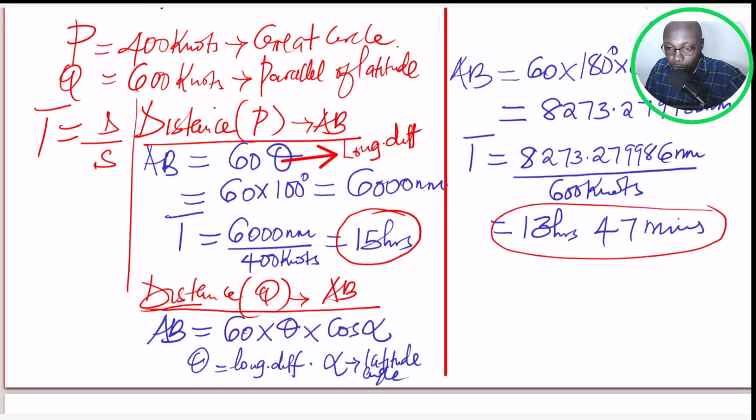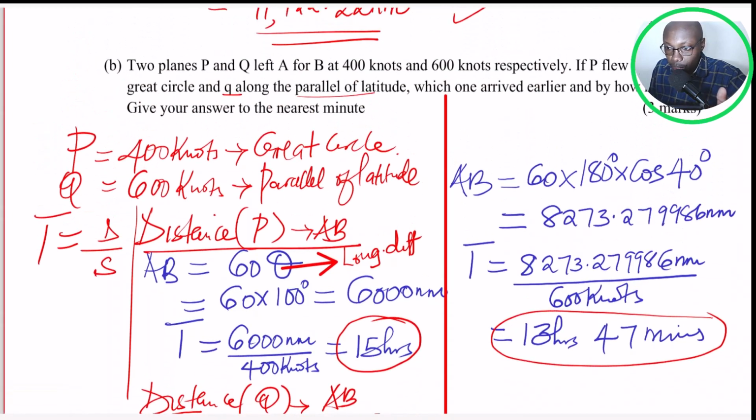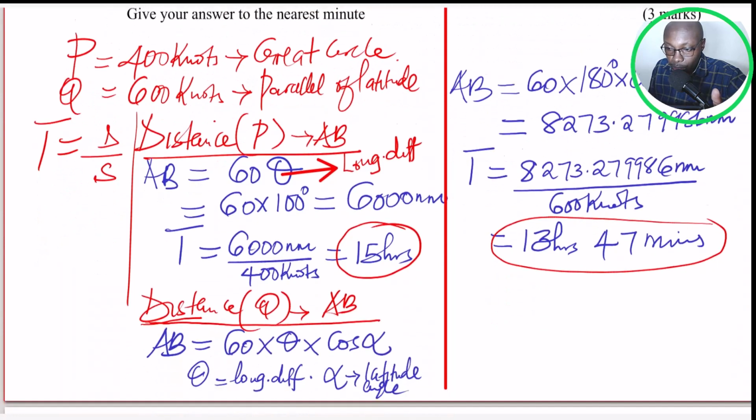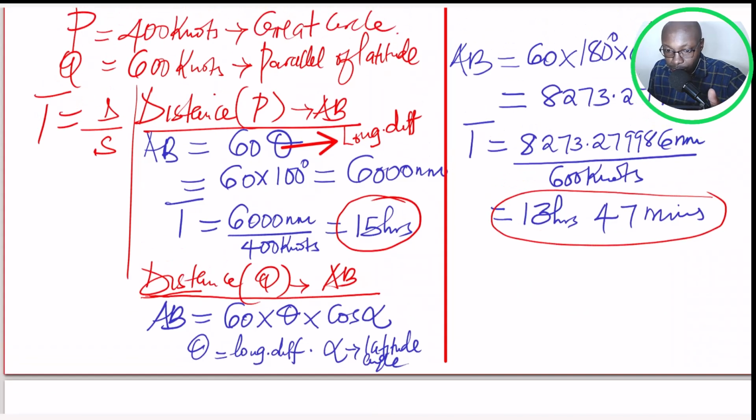So which one took longer time? The question was which one arrived earlier and by how long? The one that arrived earlier is the one that took less time, and you can see it is Q that took 13 hours 47 minutes.